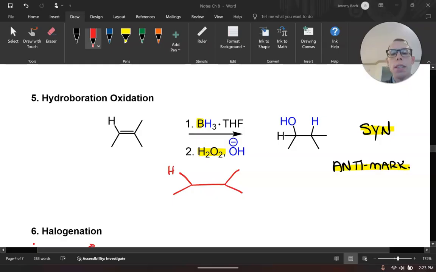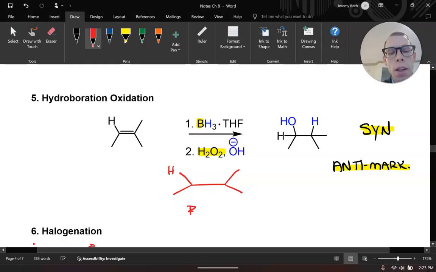What we're going to do is we're actually going to get our BH2 and then hydrogen that's going to form an interesting transition state. So this is our transition state.